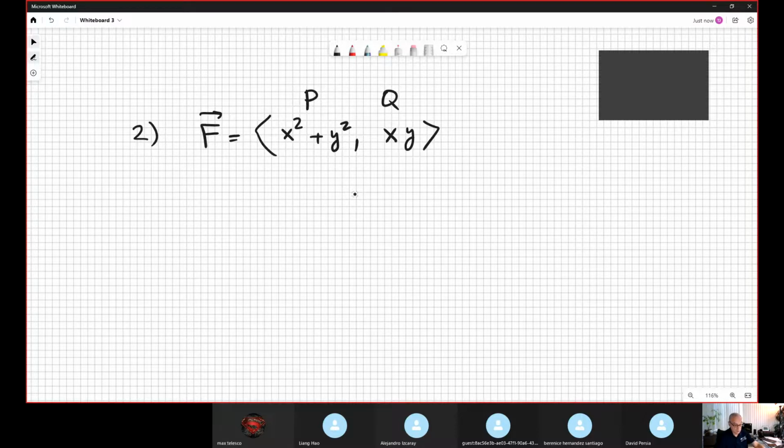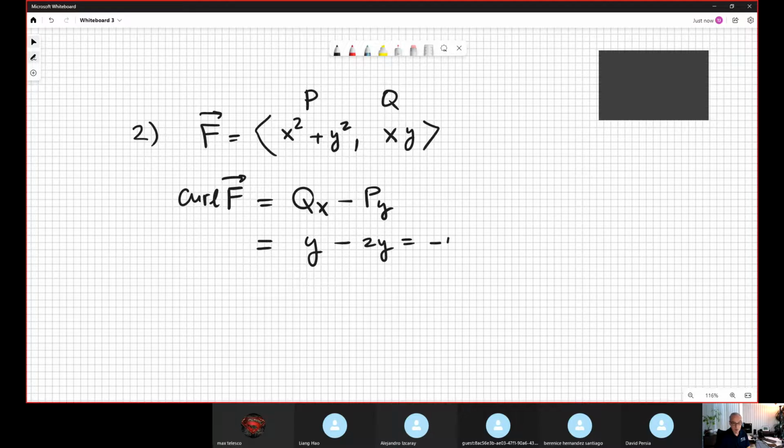Well, it's easy. The first thing you should do to verify if it is conservative or not is compute the curl of the vector field. The formula in 2D is super easy. It is the partial derivative of Q with respect to x minus the partial derivative of P with respect to y. Here it is 2y.